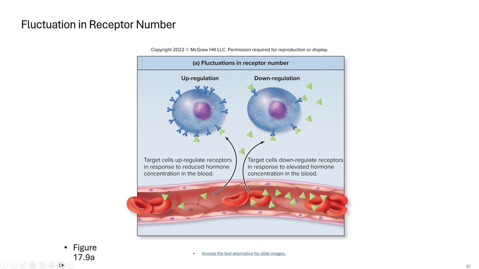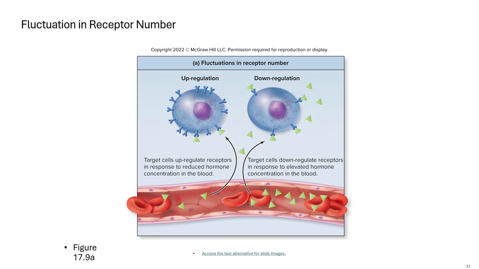Meaning, if you have a very small concentration of hormone in the blood, and you want that cell to maintain its sensitivity to that given hormone, do you need to increase the number of receptors on the cell, or are you going to need to decrease the number of receptors on the cell? Hopefully you're thinking you need to increase the number of receptors.